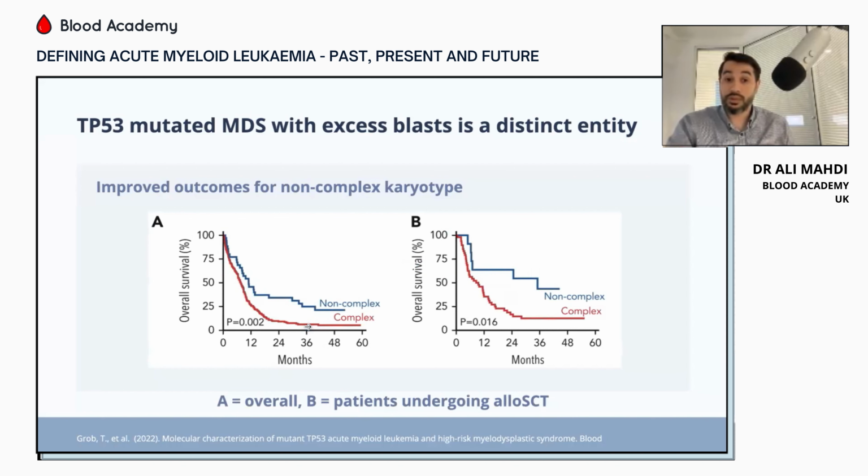The outcomes overall were still unfortunately very poor, but there is a suggestion that patients with a non-complex karyotype with a TP53 mutation who underwent an allogeneic stem cell transplant still derive some benefit from that procedure in comparison to those patients with a complex karyotype who unfortunately did very poorly.